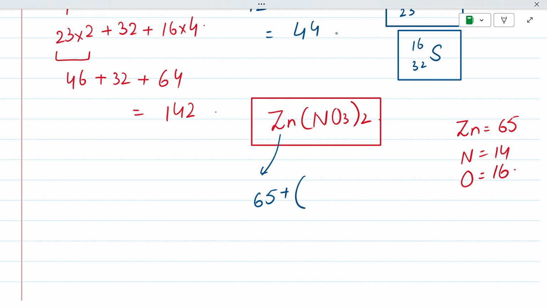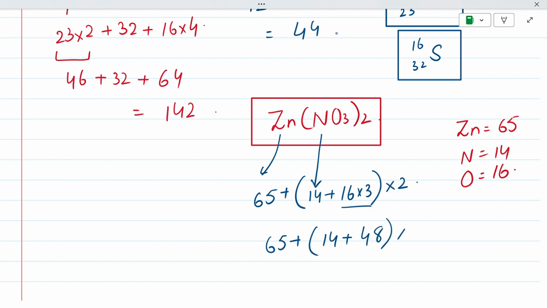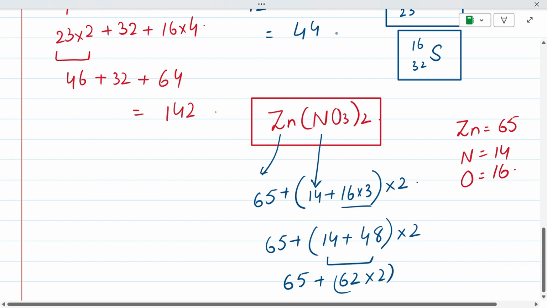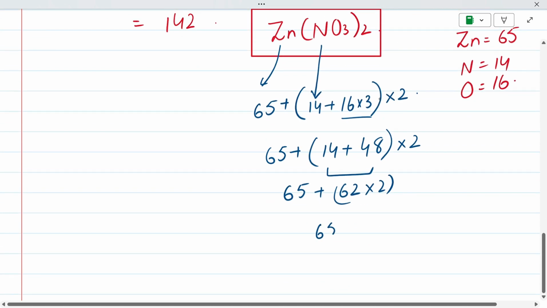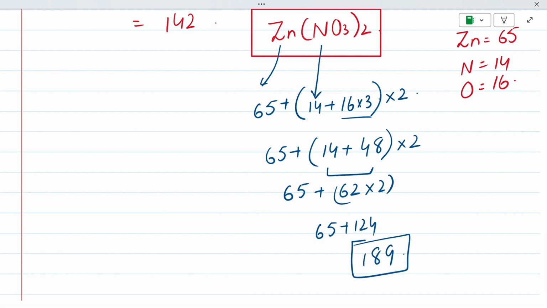Nitrogen is 14 plus 16 times 3, and times it with 2. So what do we get? 65 plus 14 plus 16 threes are 48, and times it with 2. 14 and 48 makes 62, 62 times 2 is 124. 124 plus 65 is 189. This is how you get the answers.